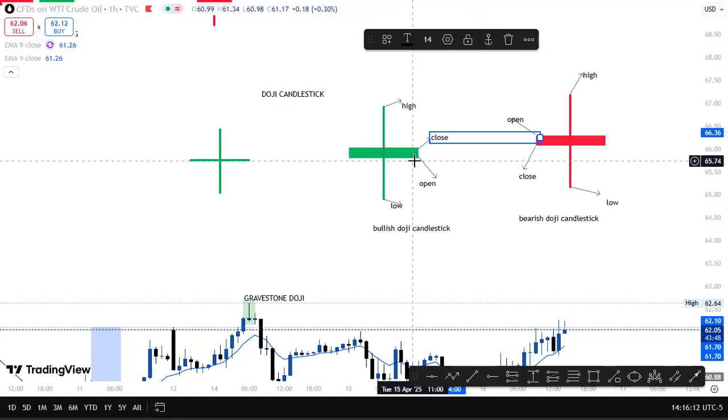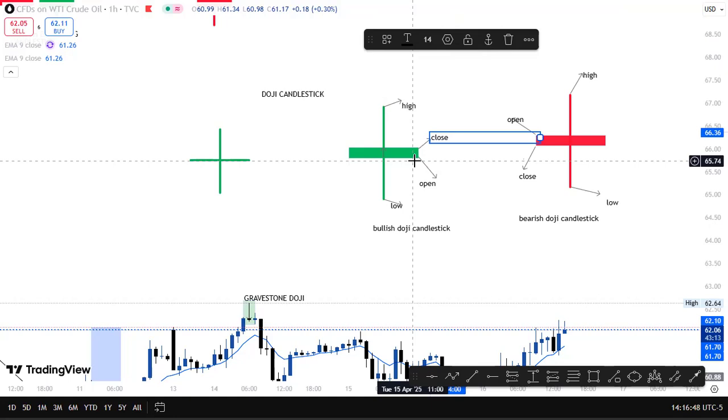And when you see this happen, it means the market is in an indecision state. That means it's not equal. There is like a fight now between buyers and sellers, contemplating whether the price might continue to go up or maybe happen as a reversal. But one thing you should notice about a doji candlestick is that when it happens at the top of an uptrend or at the bottom of a downtrend, it also signifies a reversal in the market.